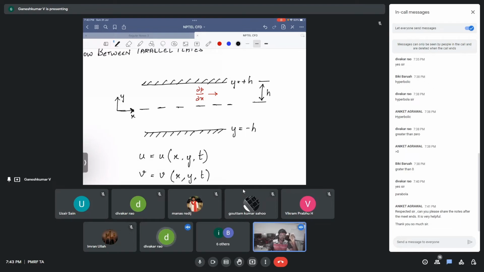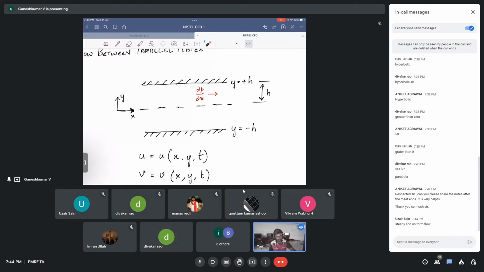If your viscosity is zero, or you are making it viscous free, what happens? The velocity at the wall here won't be zero, so you can't make that assumption. The assumptions you make should be meaningful. You cannot make it viscous free over here. Only in some high speed flows can you make the viscous free assumption.